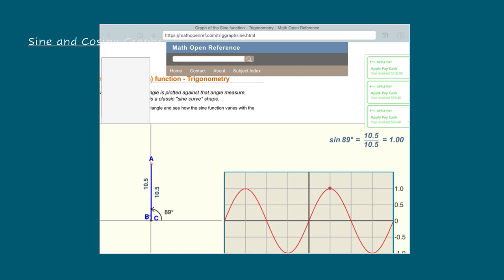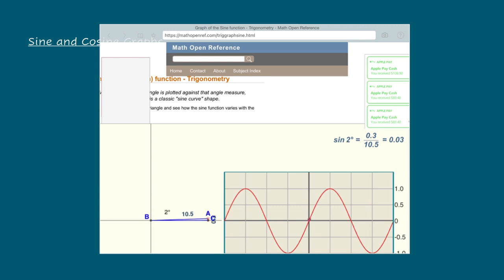I'm right here at this peak on the curve. Well, that represents 90 degrees on the unit circle, on that peak on the curve. If I come down to right here at 0, notice that I am at 0, 0 on my graph. I'm at 0, 0 on the origin.